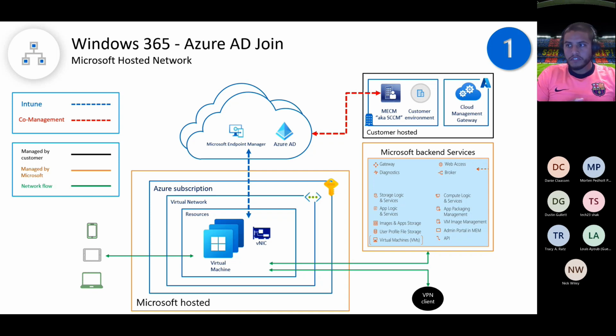So this is obviously one of the recommended approaches to start from a management standpoint for your Cloud PCs, because it's a seamless experience. And obviously the benefit is that your Cloud PCs have a direct unified endpoint management integration from a single pane of glass within your Microsoft Endpoint Manager portal, right?